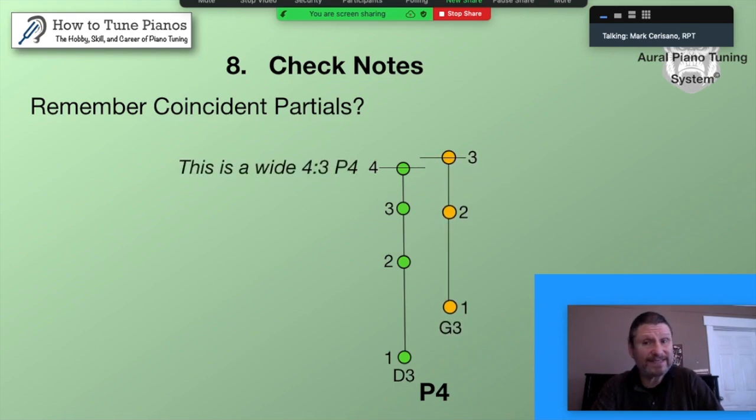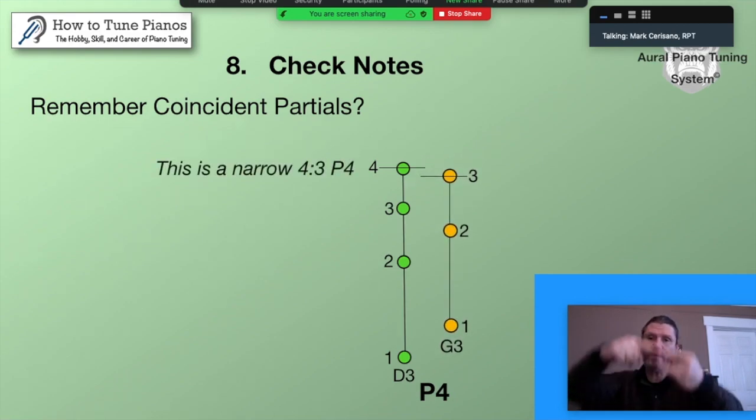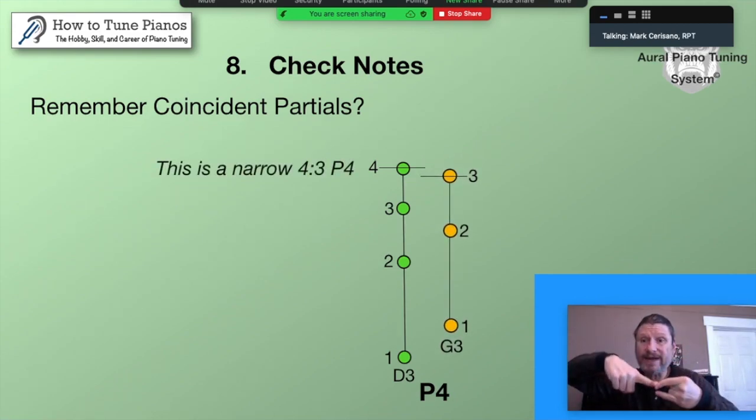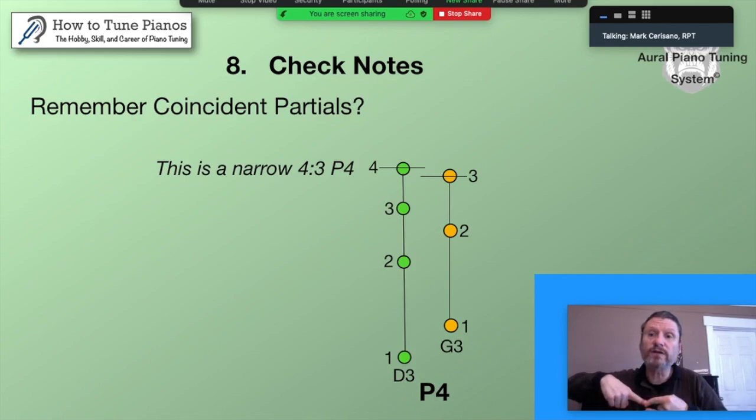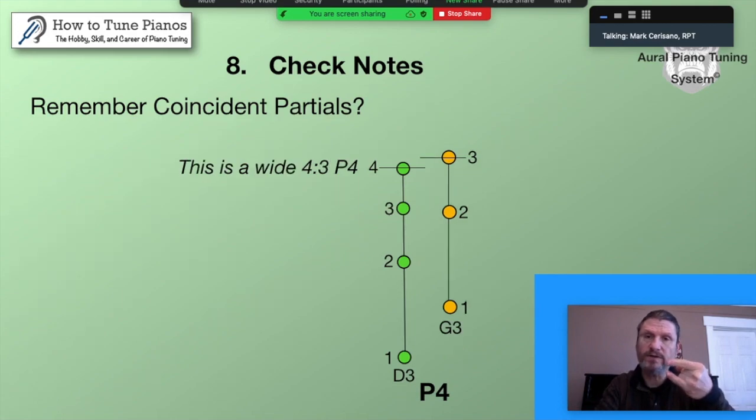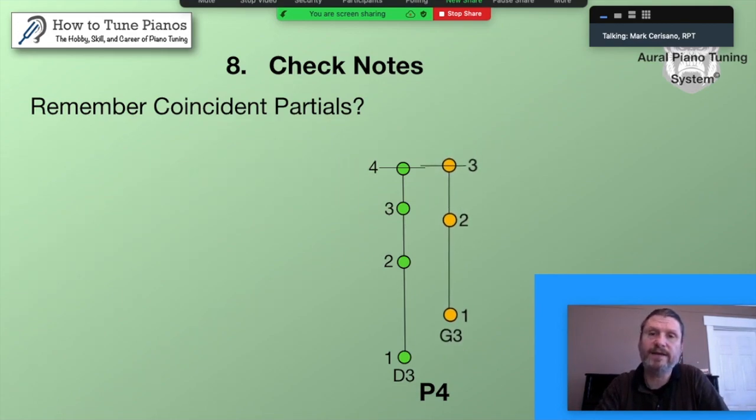But in this case, I raise the top note. That makes it wide. But here, we've got the top note going down and it's narrow. So the top note is lower than where it would need to be to make a pure interval. So we call it narrow. Wide and narrow.